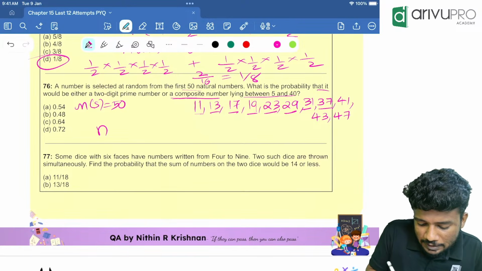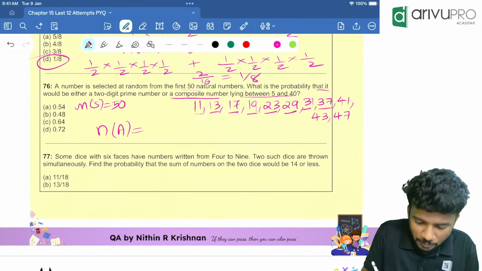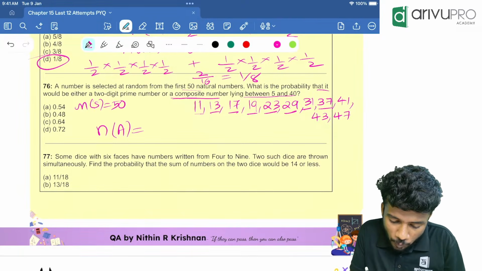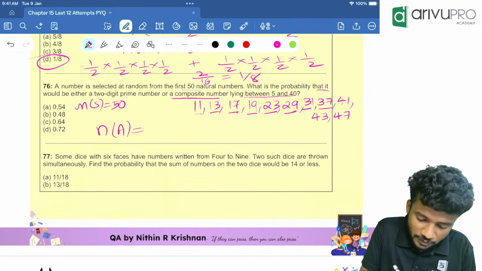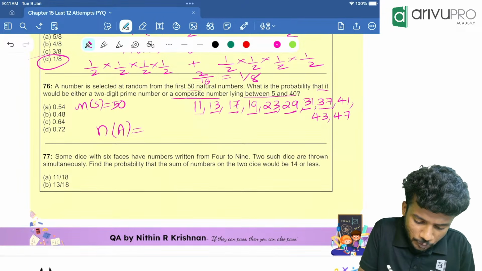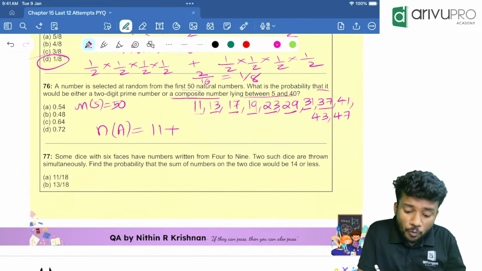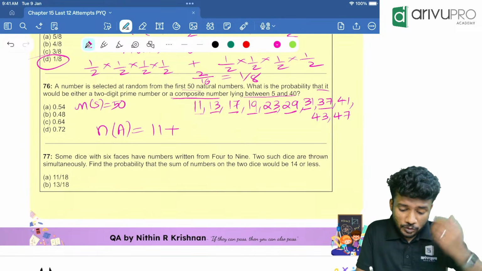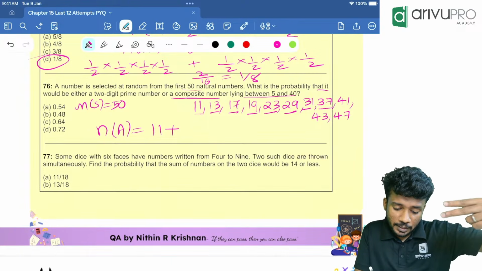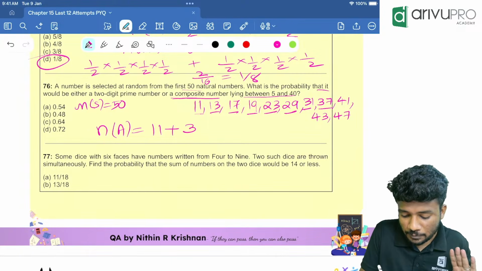So can I write n of A is nothing but, for 2-digit prime numbers, 11 were there. 11 plus, how many numbers are there between 5 and 40, so we need to take the count. It will be 34. Correct? 34.